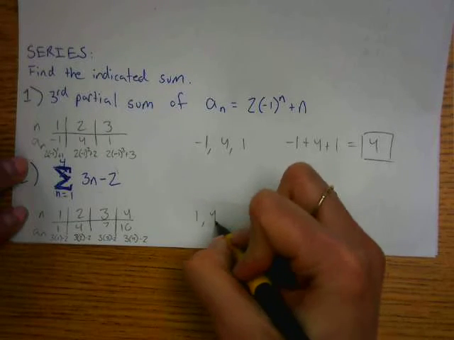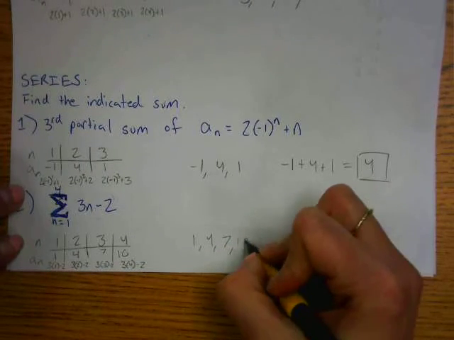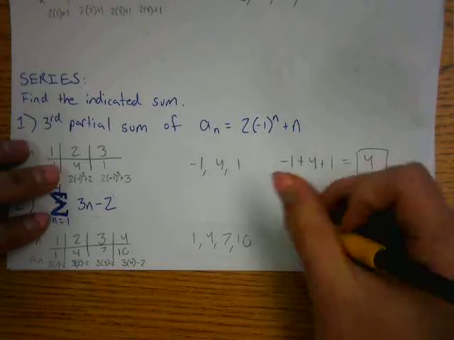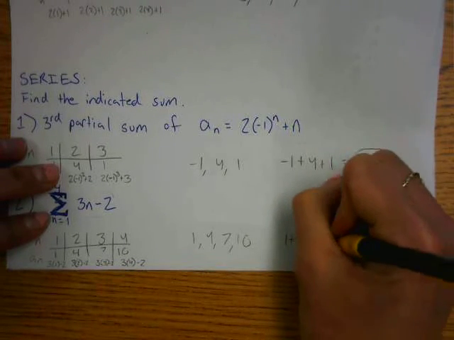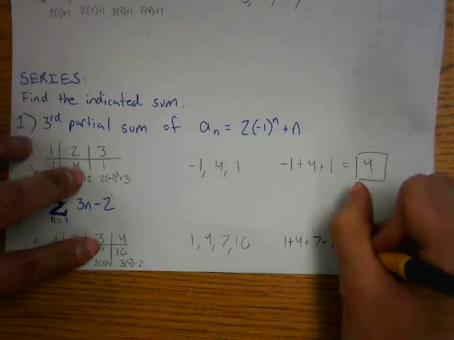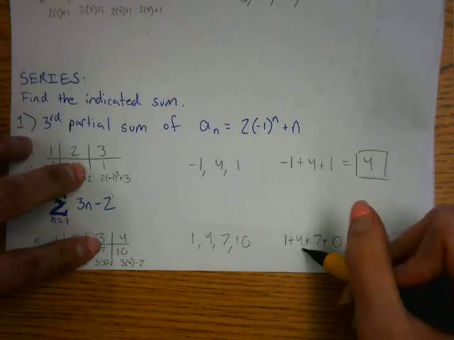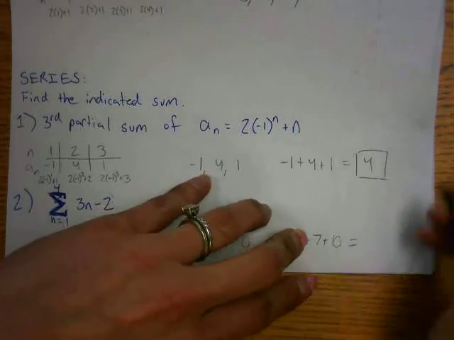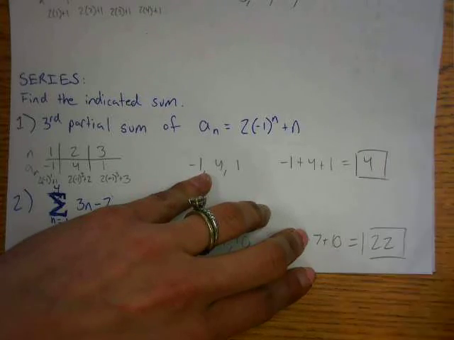So I have 1, 4, 7, and 10, and if I find the sum of those, 1 plus 4 plus 7 plus 10, gives me a grand total of 5 plus 17 is 22.